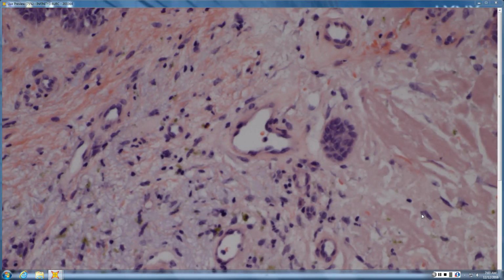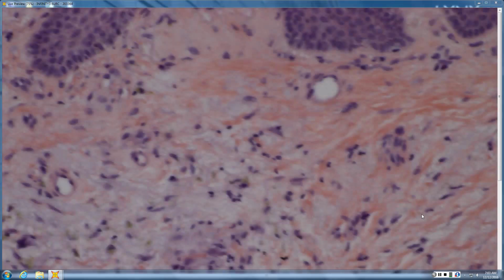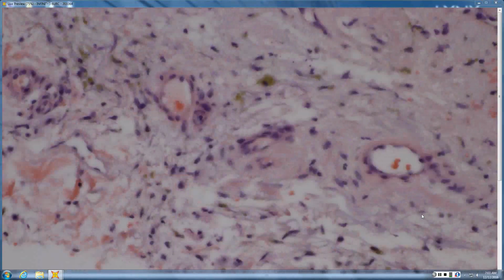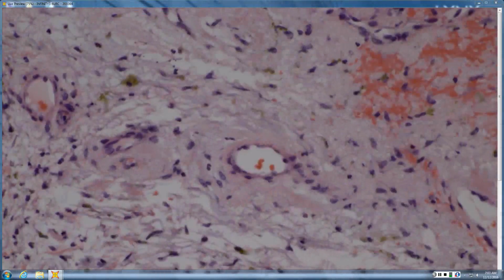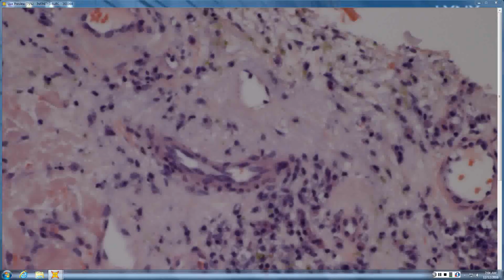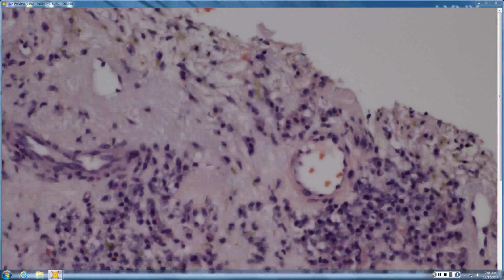Good. So sometimes it can be melanin, sometimes it can just be hemosiderin, but that type of histiocyte rooming is sometimes a nice clue. There's more of it.